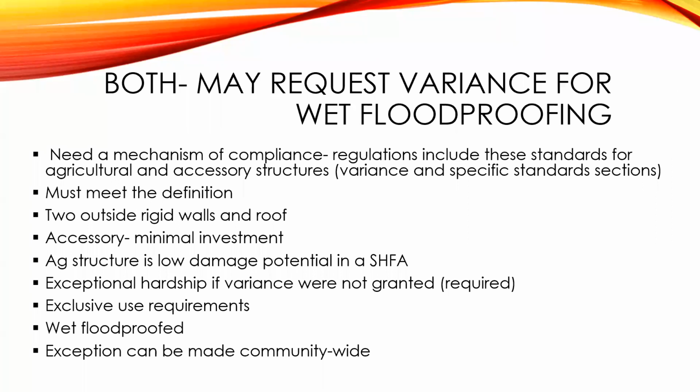And you make this case to FEMA, and the regional office will let you know if you can get your community exception granted. Again, this would be just for allowing the accessory structures and the agricultural structures to be permitted without getting a variance because they're not at great risk and they're not going to put the public at risk in your community because of your flooding conditions and all of that other data.